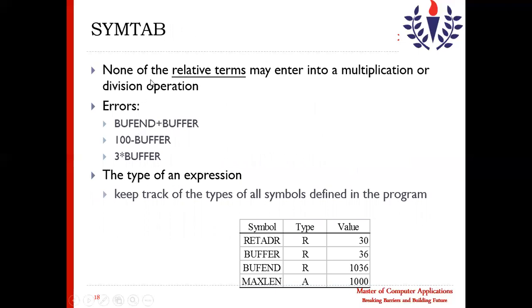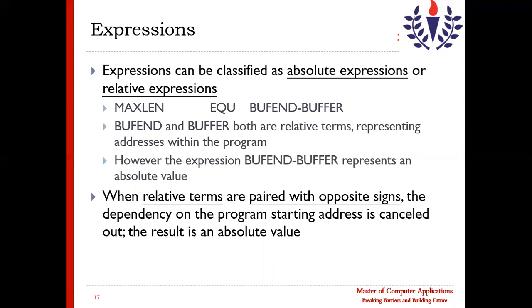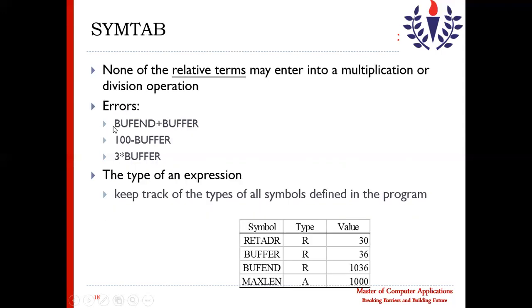Like here, BUFEND plus BUFFER creates an error, because as we studied in the previous slide, BUFEND and BUFFER are relative but their signs should be opposite. Here both are positive, so it is also an error.